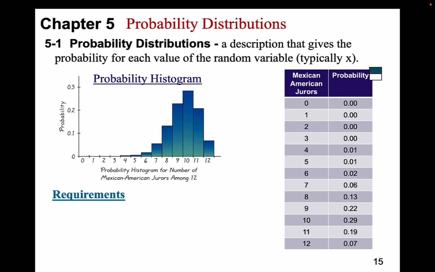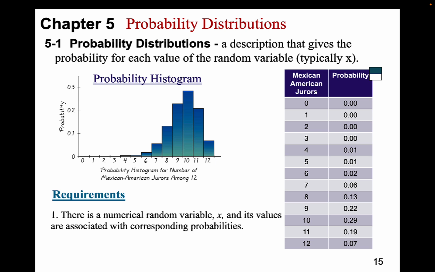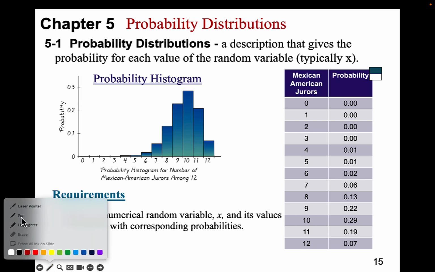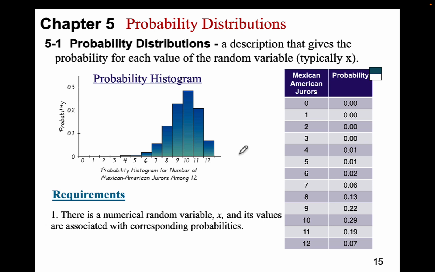To have a true probability distribution, 3 requirements have to be met. Requirement number 1 is that there has to be a numerical random variable x, and its values are associated with corresponding probabilities. And that is definitely the situation we have here. Our first column represents the random variables.